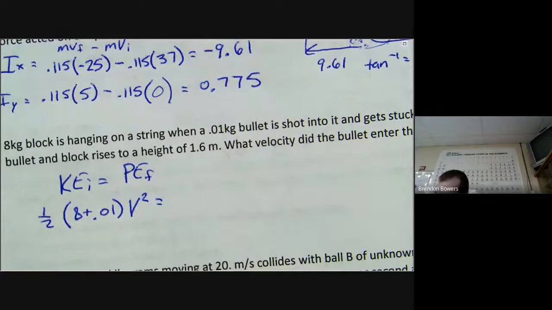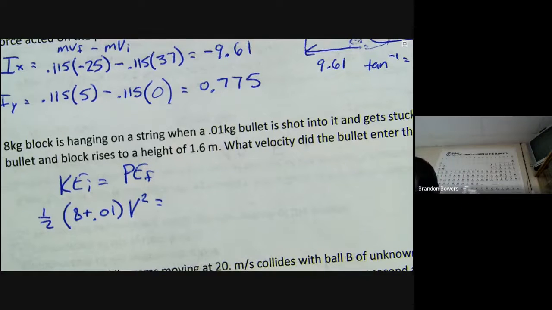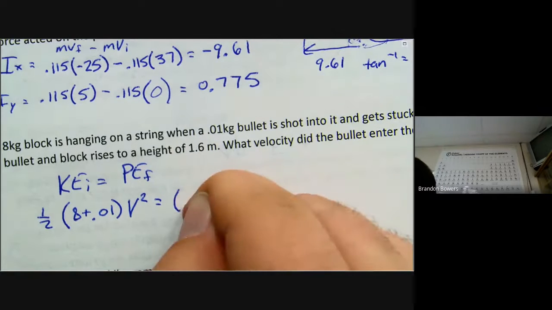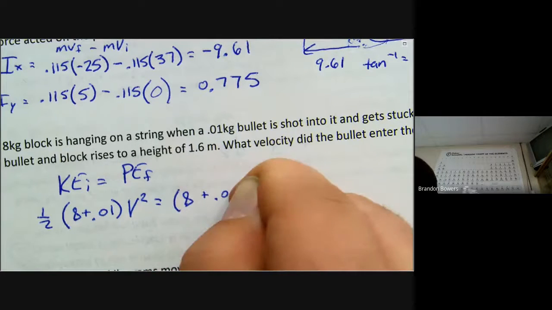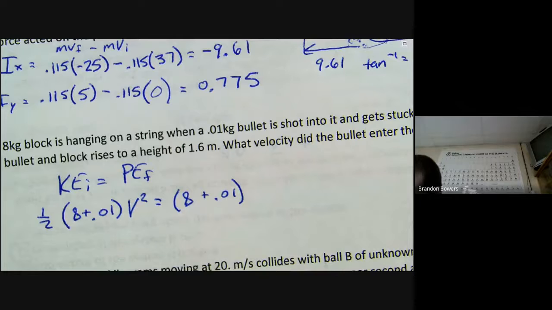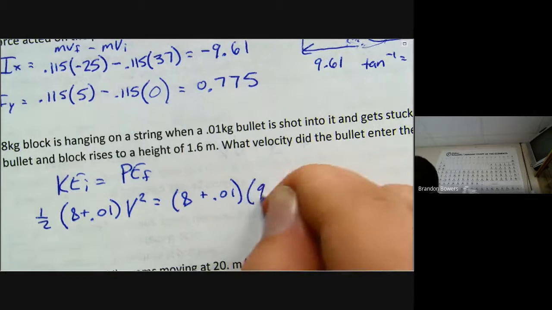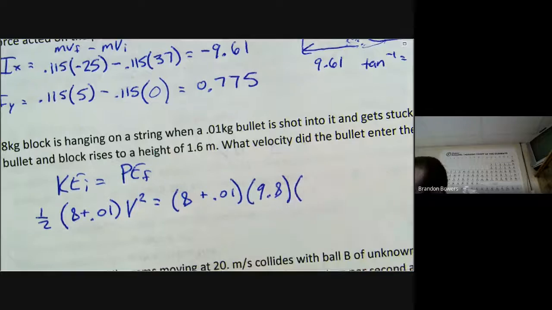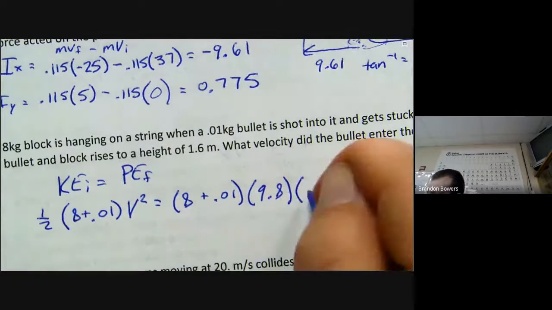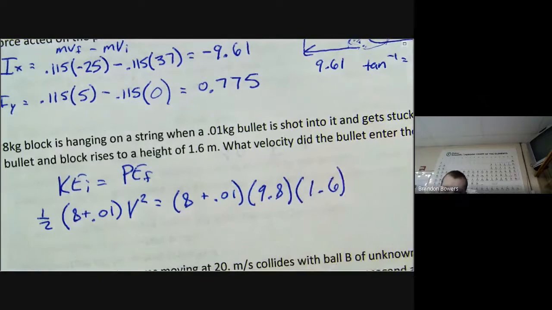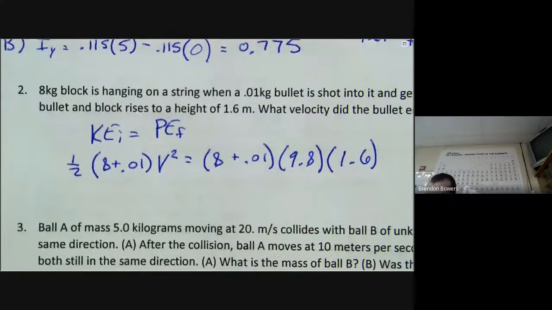What's that? MGH. Okay, so mass is 8 plus the 0.01 times gravity, 9.8, times the height. The height is 1.6. Bro, that makes a lot of sense.